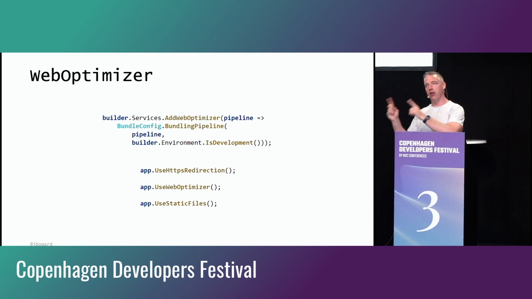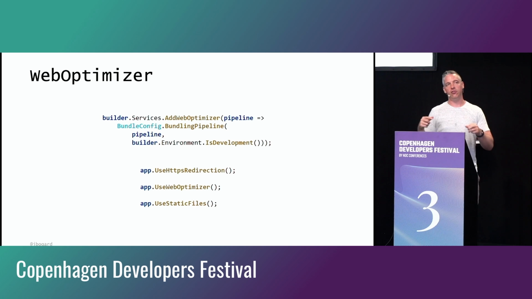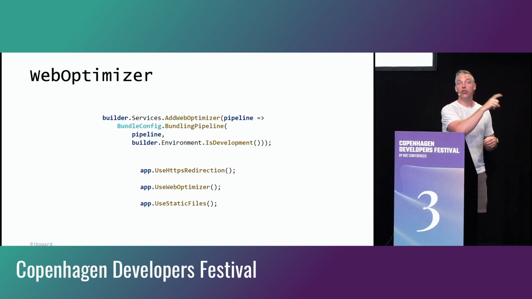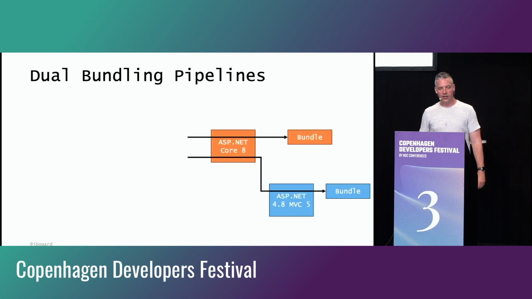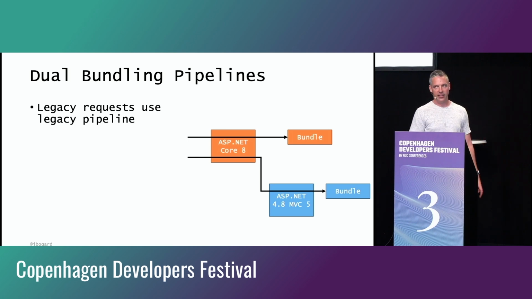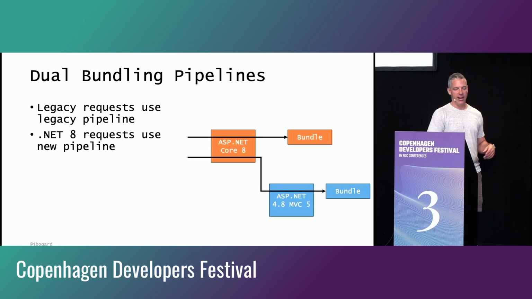As we migrated controllers, actions and views, we would also change them to use this other new URL for the bundled and minified files. So in this case, legacy requests would still use the legacy bundling and minification pipeline built into MVC 5, and all the .NET 8 requests would use the new pipeline for bundling and minification, which is Web Optimizer.